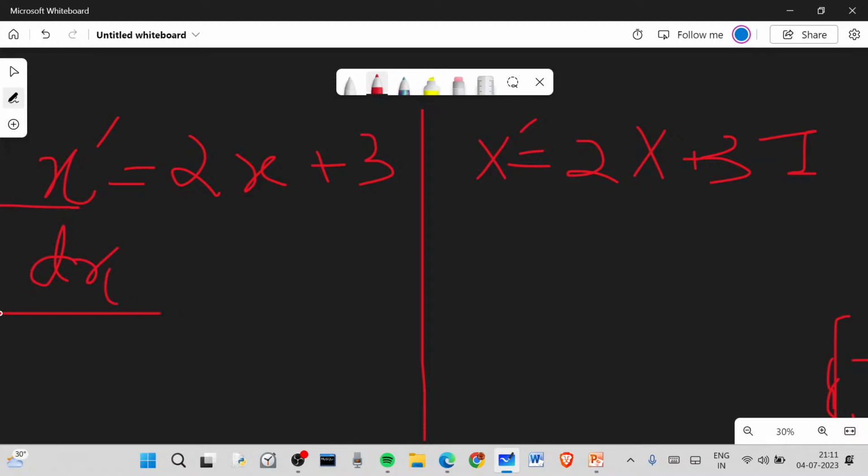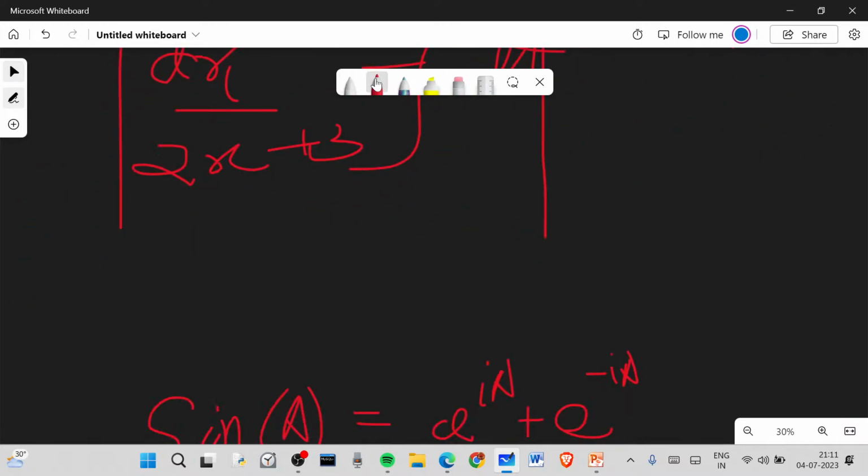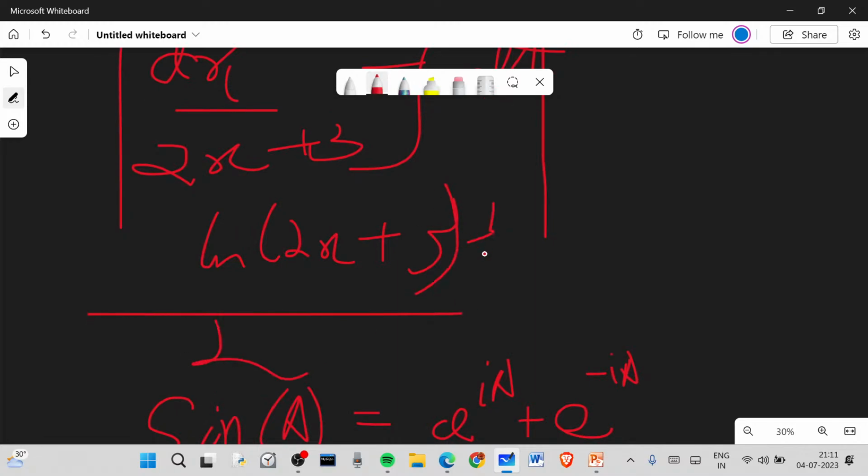This all is matrix. So there, what were we doing? We were doing dx by 2x plus 3 is dt, and we integrated, we get ln of 2x plus 3 by 2 plus c is t, and so on, with e to the power 2t times a constant.